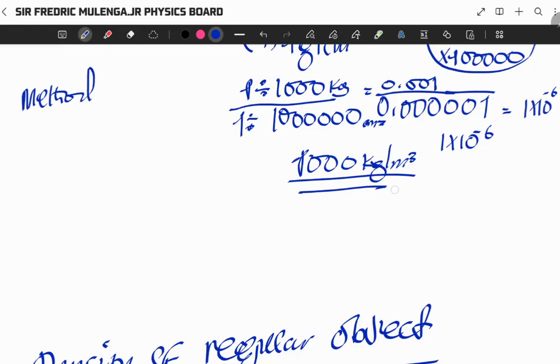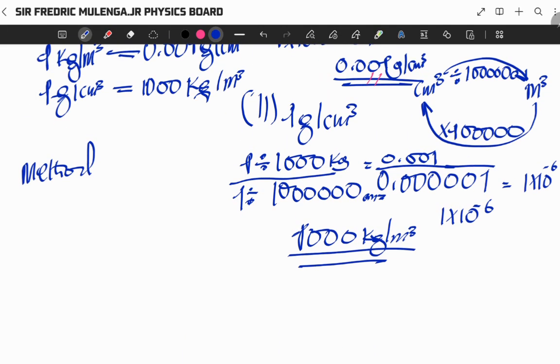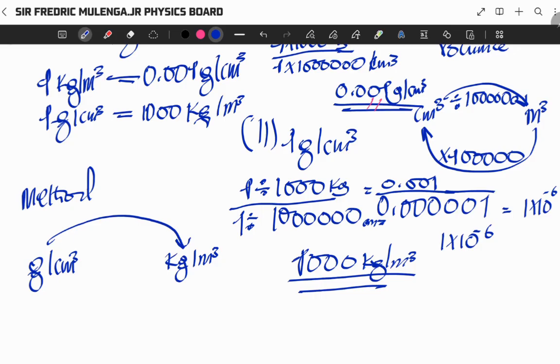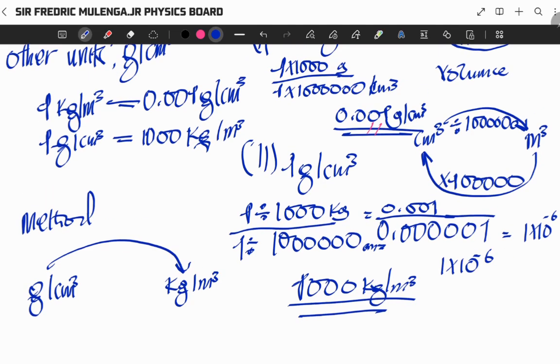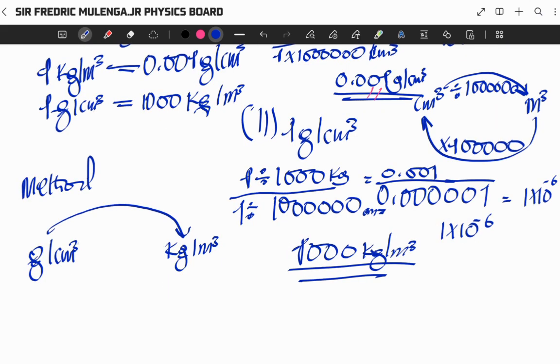When you are moving from grams per centimeter cubic to the unit kilogram per meter cubic, you just need to multiply by 1000. When you are moving from kilogram per meter cubic to grams per centimeter cubic, you also multiply by 0.001.